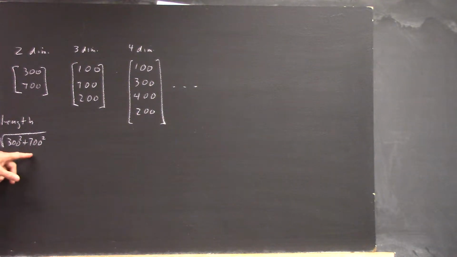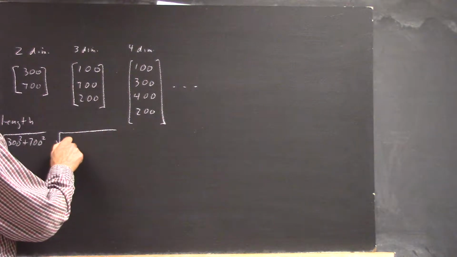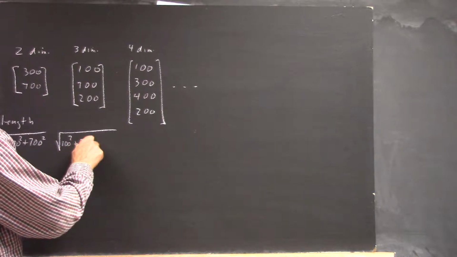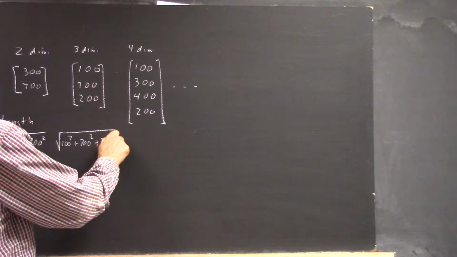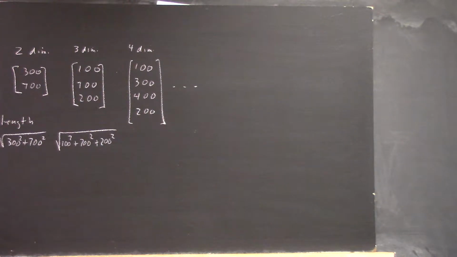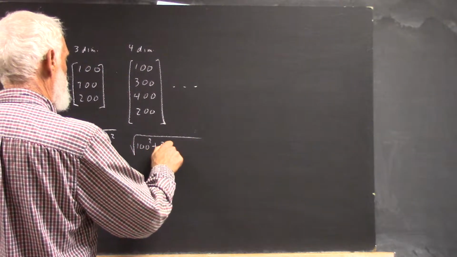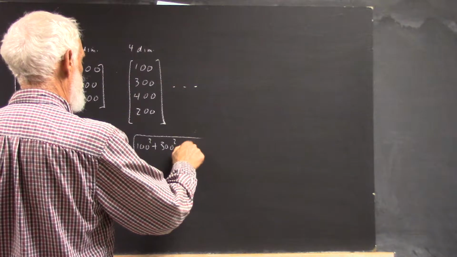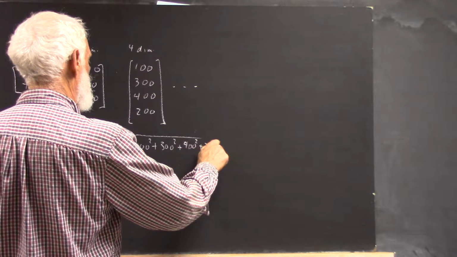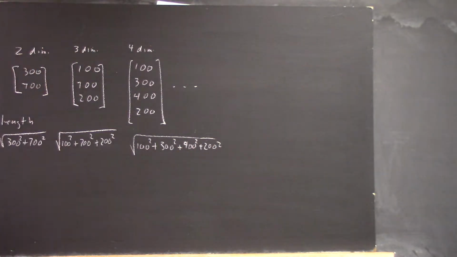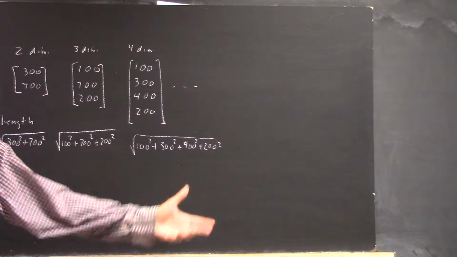What's the simplest analogy you could do with this? Right? That's very simple, okay? Here, well, it's pretty clear what the pattern would be. Okay? So now you've got a definition of length in 4 dimensions, okay?